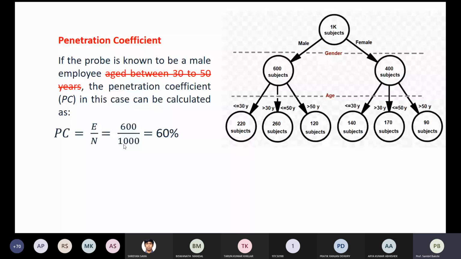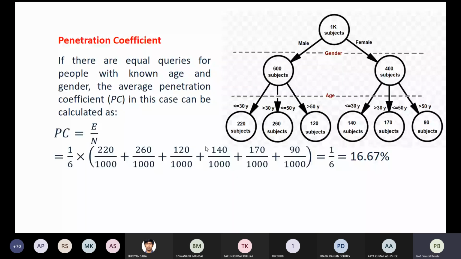So what is the average penetration? If there are equal queries for all these subgroups, where you know the age and the gender, and we expect the number of queries for all subgroups to be almost the same, then the average penetration coefficient is 1/6 multiplied by 220/1,000, 260/1,000, 120/1,000, 140/1,000, 170/1,000, 190/1,000.